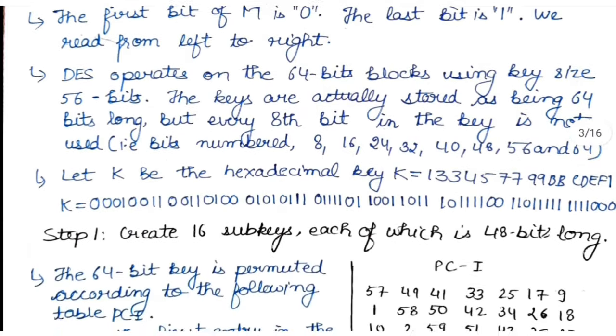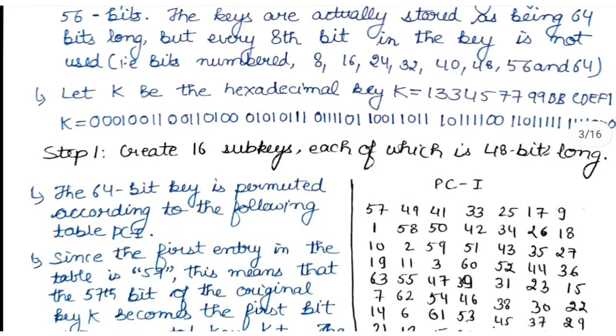So let us take a key K in hexadecimal format. K is equal to 133457799BBCDEF1. We will convert this key into binary format using the same 8421 conversion, and then the key K is rewritten in binary format.